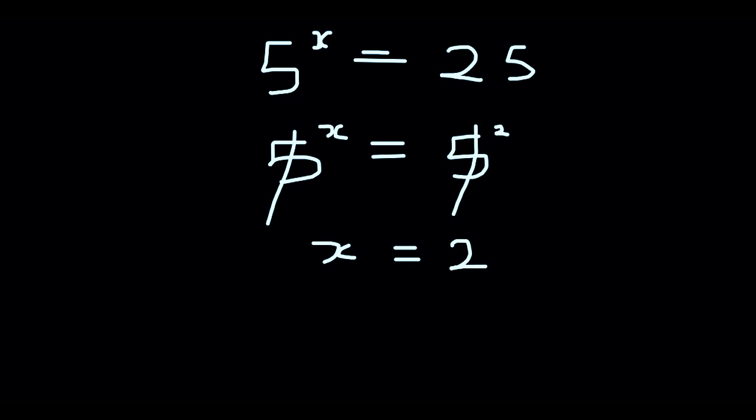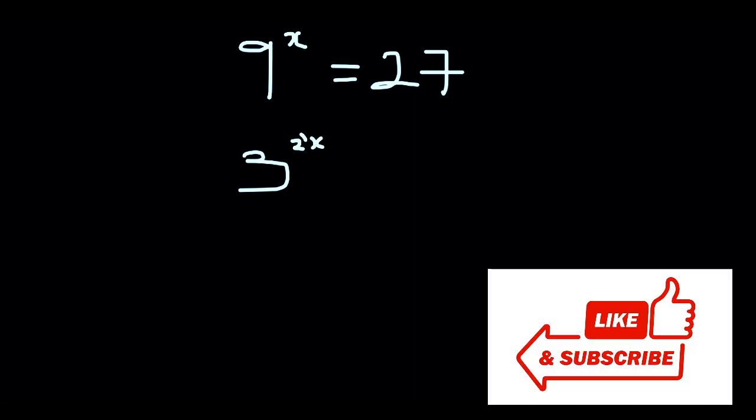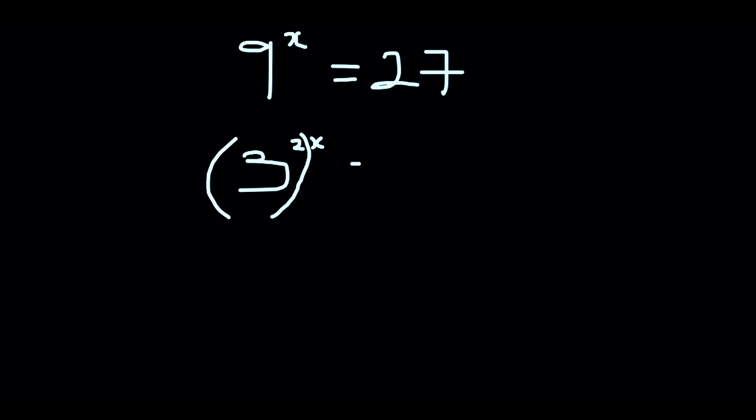The next one also, we have 9 to the power of x equals 27. From here, 9 can be written as 3 raised to the power of 2, all raised to the power of x, equals 27.